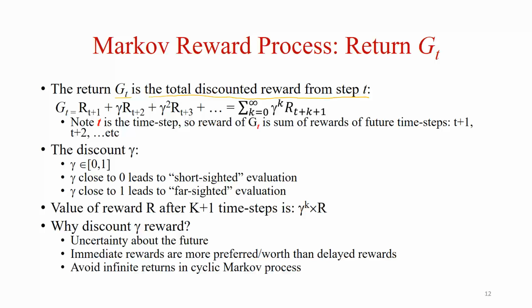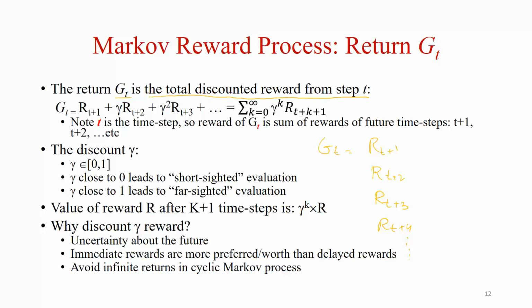The total discounted reward from time step t. So basically you can see that G_t equals the reward at time step t+1 plus the reward at time step t+2 plus the reward at time step t+3 plus the reward at time step t+4, etc., etc.